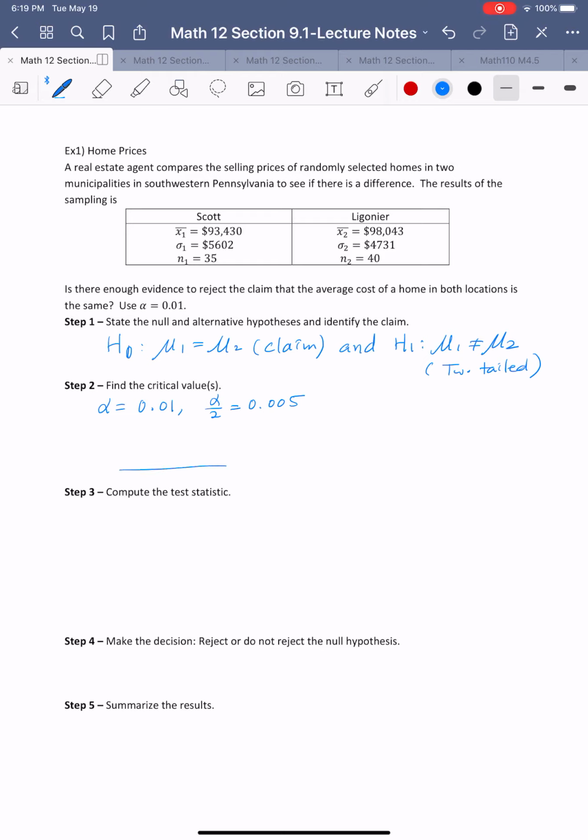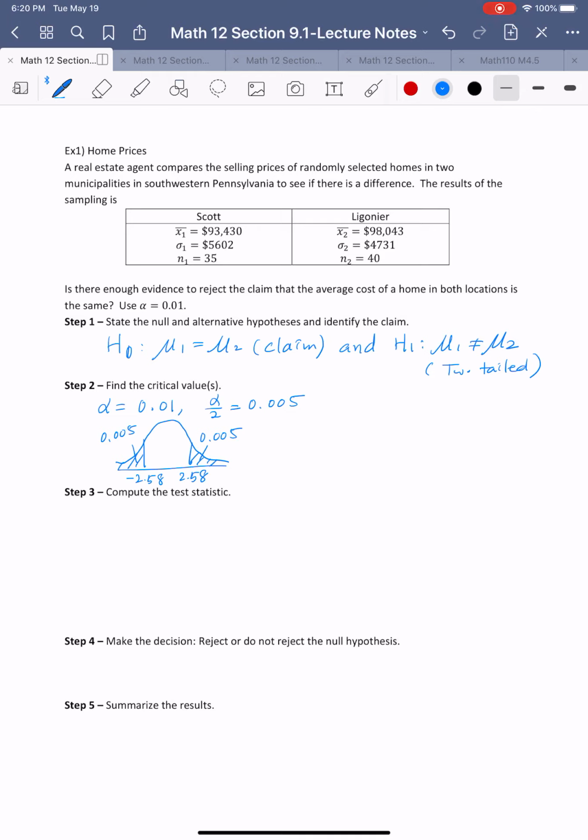When you use the z-table, the area in both tails is 0.005 and 0.005, and the z values are negative 2.58 and positive 2.58. So if the test statistic comes out less than negative 2.58 or more than 2.58, then we will reject the null hypothesis.